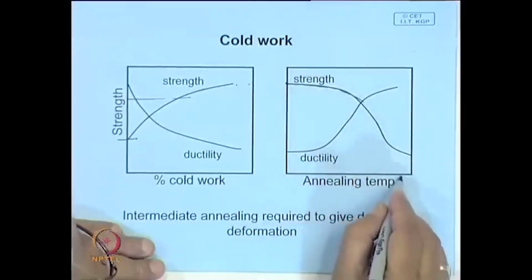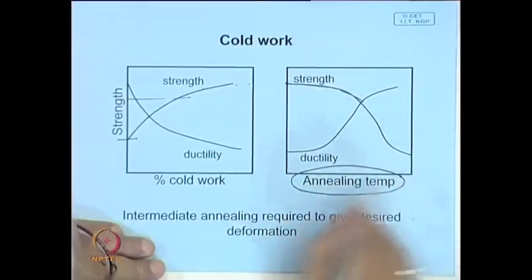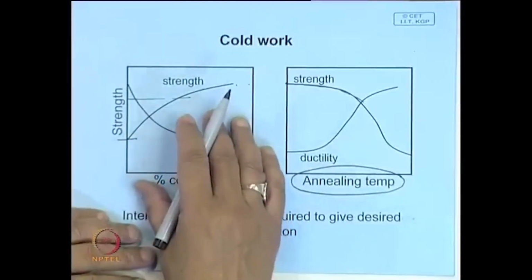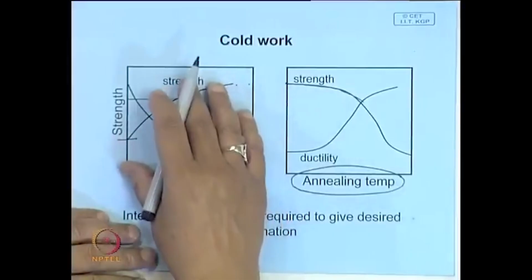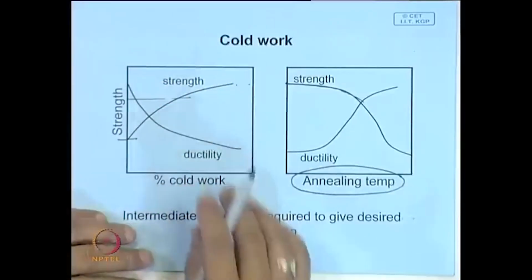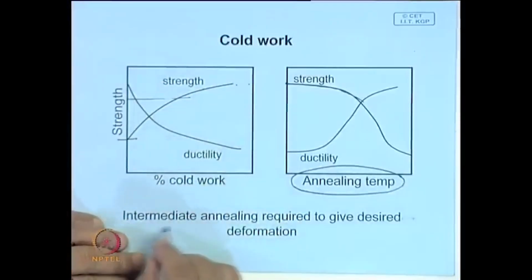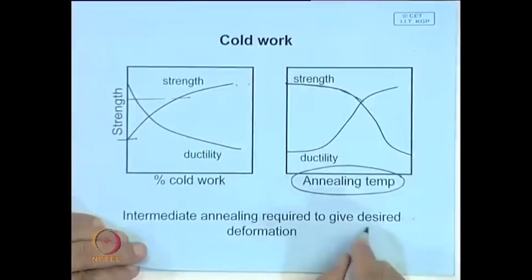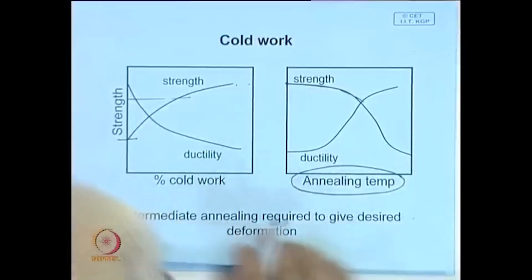So, annealing is a heat treatment process which restores the microstructure, or restores ductility and strength, of a cold worked structure, and intermediate annealing is required to give the desired deformation to any workpiece.